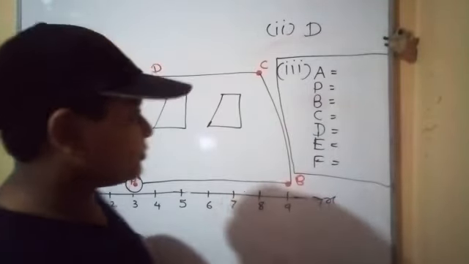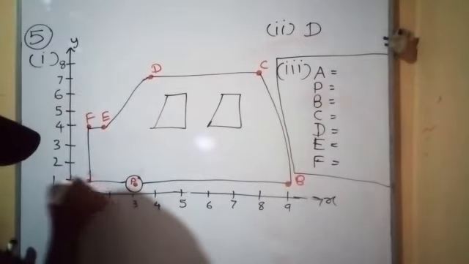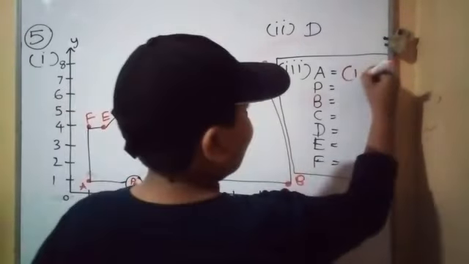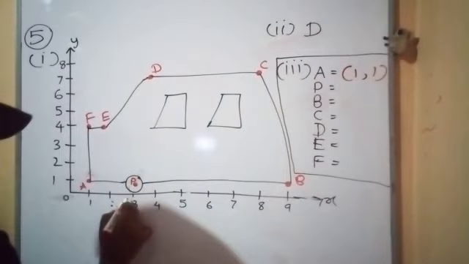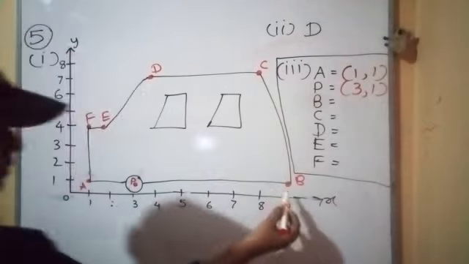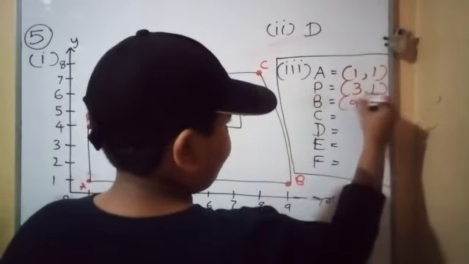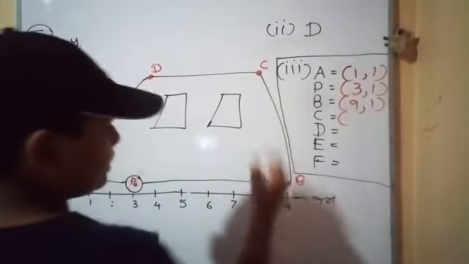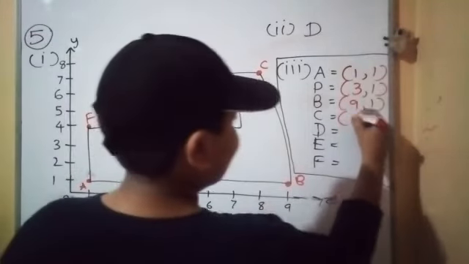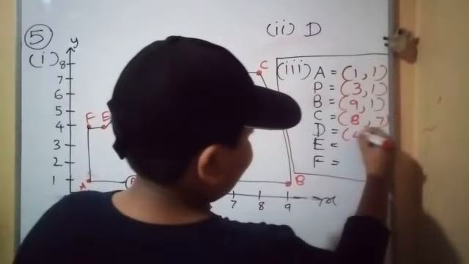Right now. A has 1, 1. P is 3, 1. B is 9, 1. And C is 8, 7. And D is 4, 7.